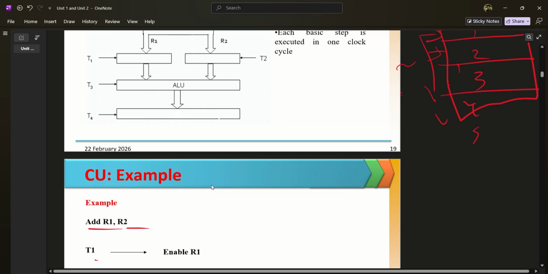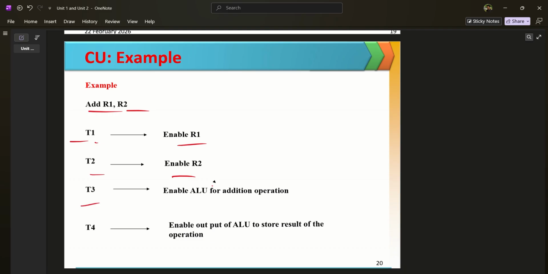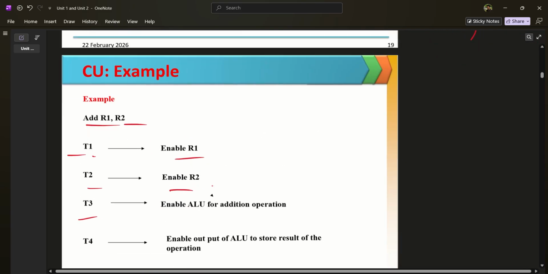T1 will enable R1 and T2 will enable R2, and in time 3 the ALU is enabled for the addition operation. Then in the last time cycle, everything is processed and stored. The result is stored in the memory.